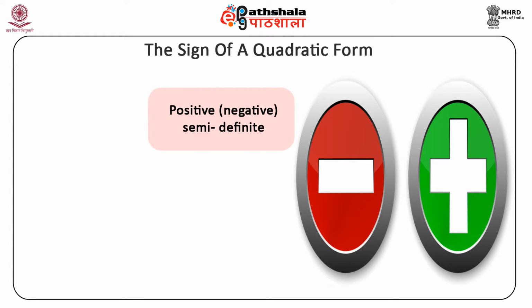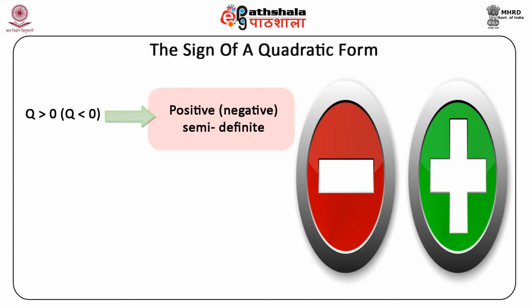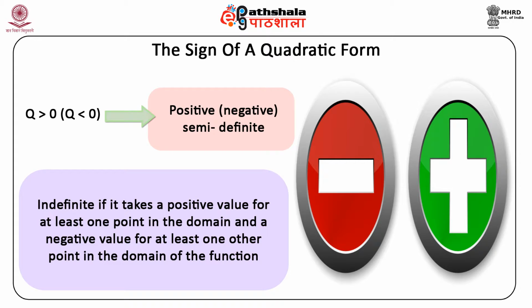It is called positive or negative semi-definite if Q is greater than or equal to 0 or Q is less than or equal to 0 for all points in the domain. It is said to be indefinite if it takes a positive value for at least one point in the domain and a negative value for at least one other point in the domain of the function.